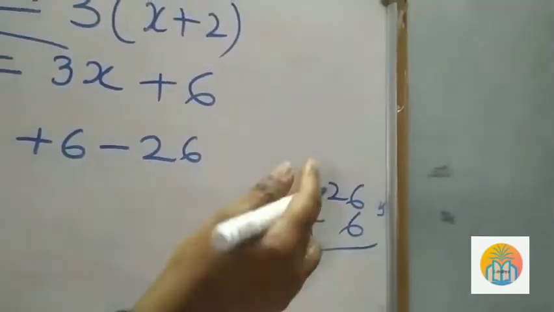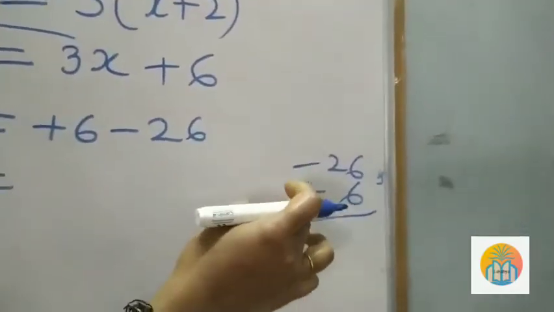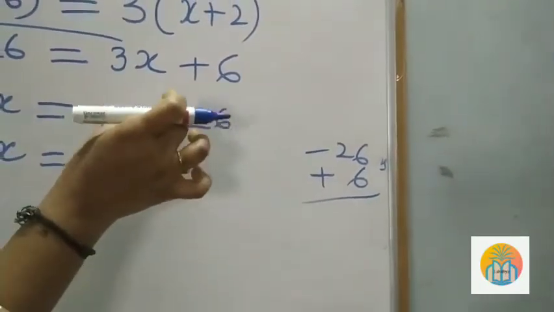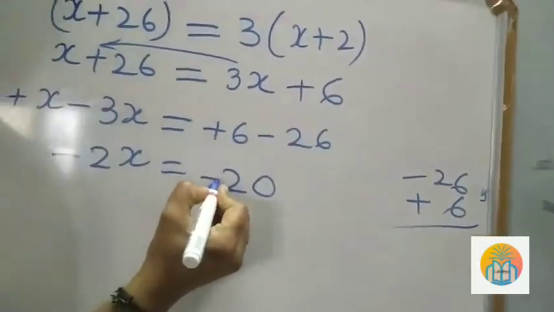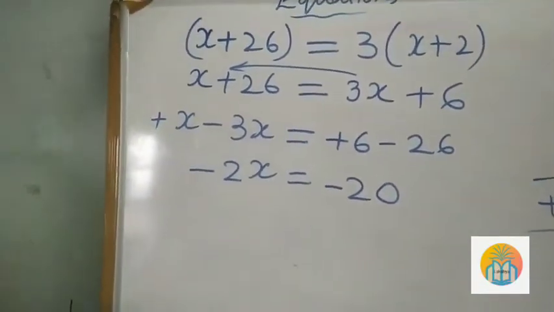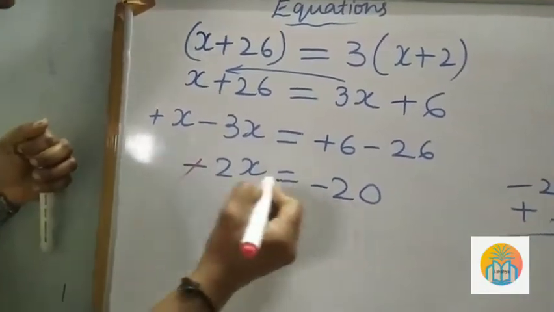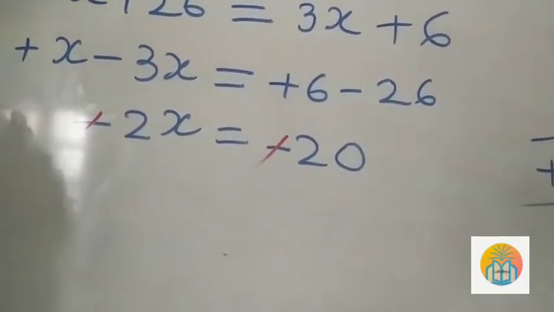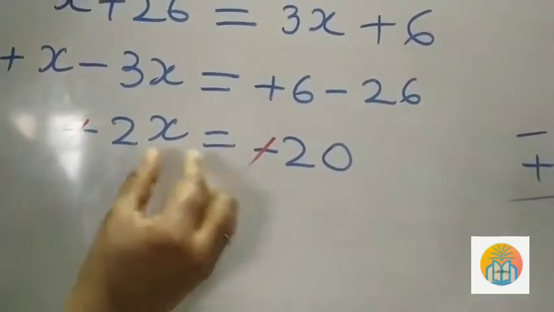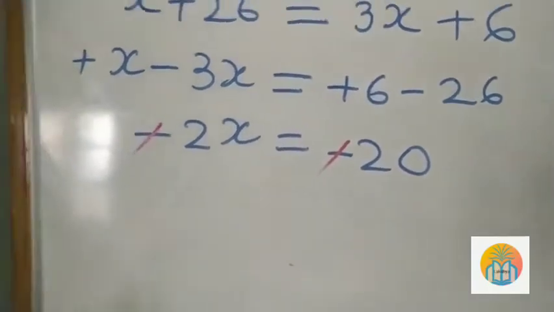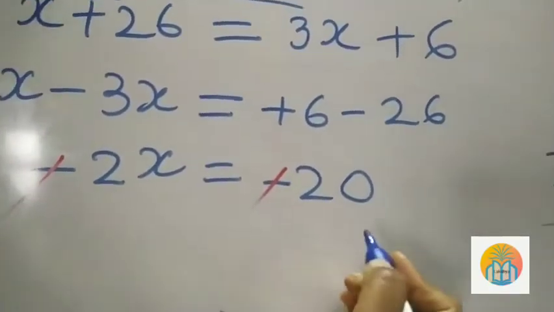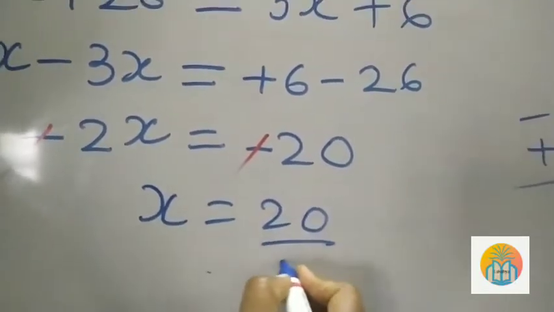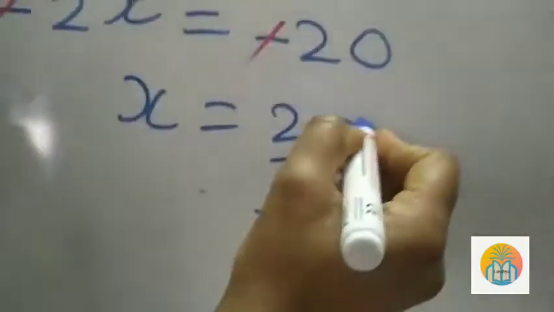You have to subtract the numbers, so it becomes 20. 26 is bigger, so you write the bigger sign, minus. Here itself you can cancel the minus sign. So 2 times x is equal to 20. You should not subtract or add here; you have to divide. So it is 20 divided by 2, so 10.